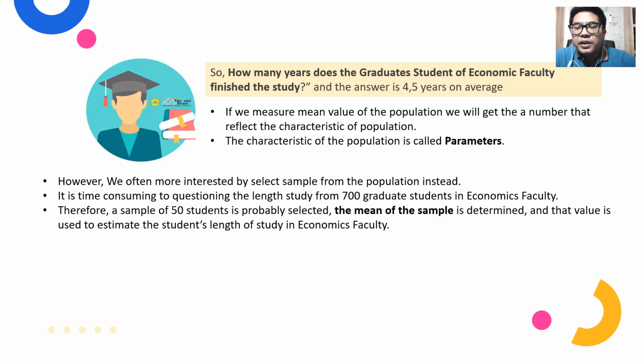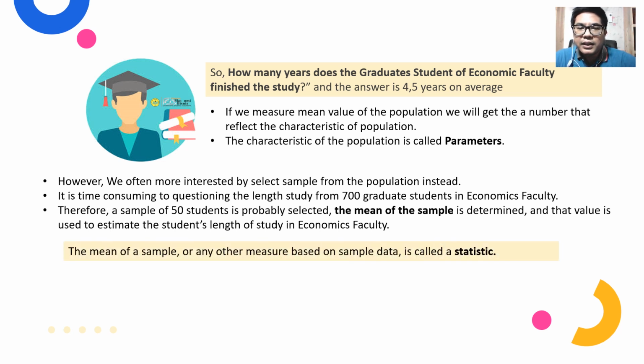For example, we choose 50 students for our sample, and then you ask the 50 students how long they took to finish their study in the Faculty of Economics, and then you will get the sample value, or the mean sample value, of the 50 students. Now, the mean sample value that you get by asking the 50 students is called a statistic.